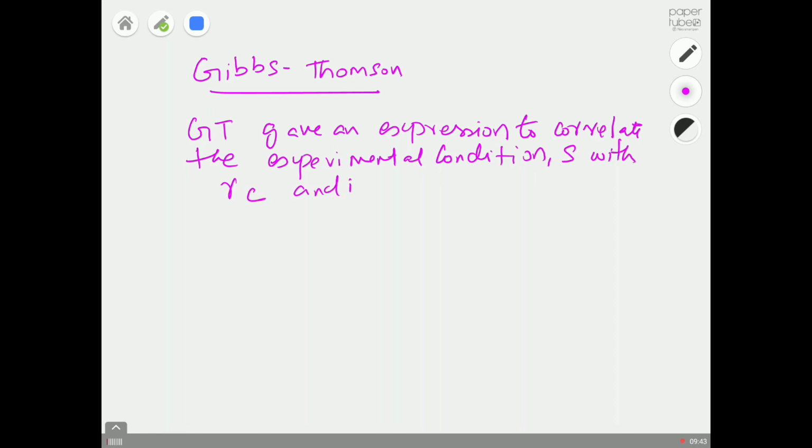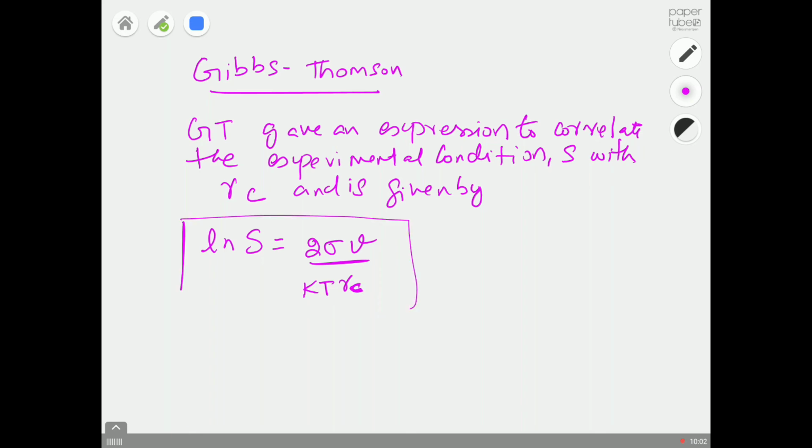and it is given by ln S equal to 2 sigma V divided by kT R, or in particular RC. So sigma is your surface energy. This equation has a few new parameters. T is your temperature.